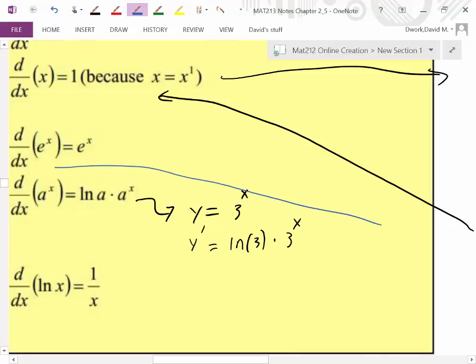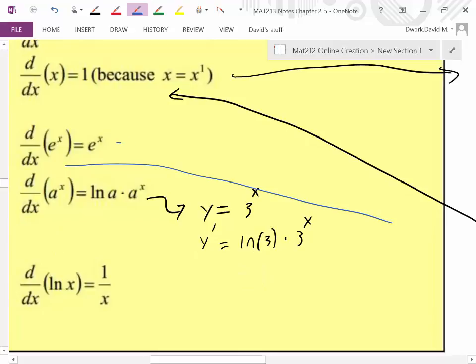Now, the reason they're showing you 2 different rules here is because they're just simplifying for you. If I started with y equals e to the x, the derivative would be the natural log of the base times the original exponential you started with. Well, what's the natural log of e? The natural log of e is 1, because the base of the natural log is e. That's e to the first, so when they simplify, because they're inverse operators, you end up with 1.